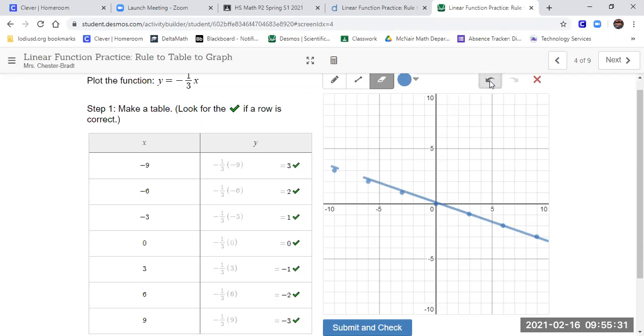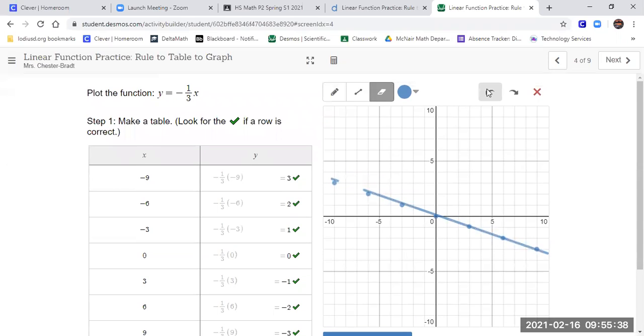Oh, I can go do an undo button. I think. Isn't that the undo button? Well, once I did the other thing, yeah, I'm gonna have to go erase. It's okay. I didn't pick a good enough spot.